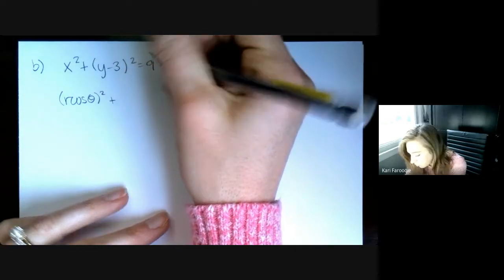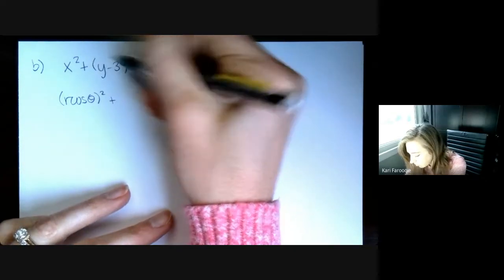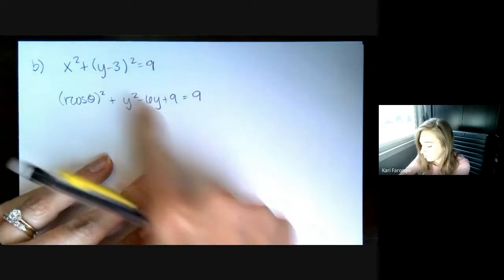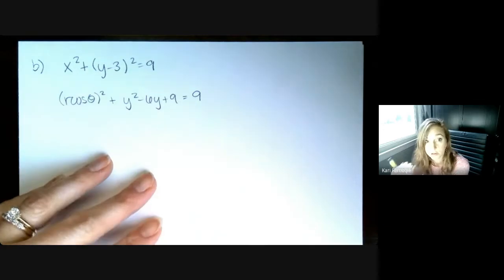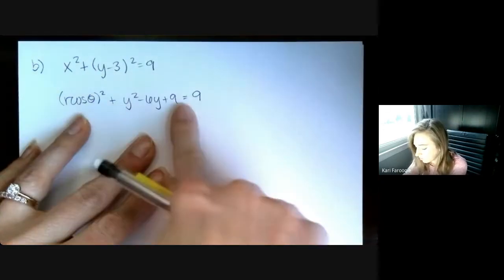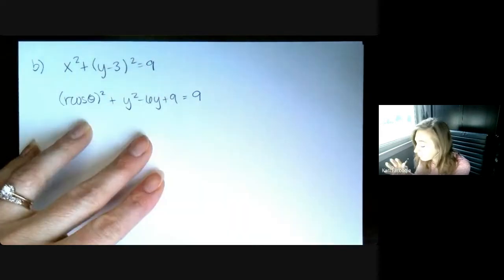What you might want to do first, though, since you're going to need to get these y's isolated, is rewrite (y minus 3) squared as y squared minus 6y plus 9 before you sub that out. Otherwise, you're going to have to sub that in, then subtract 3 and then square it. It's up to you, but I think this is the easiest way to see it. It does not matter the order in which you do that.